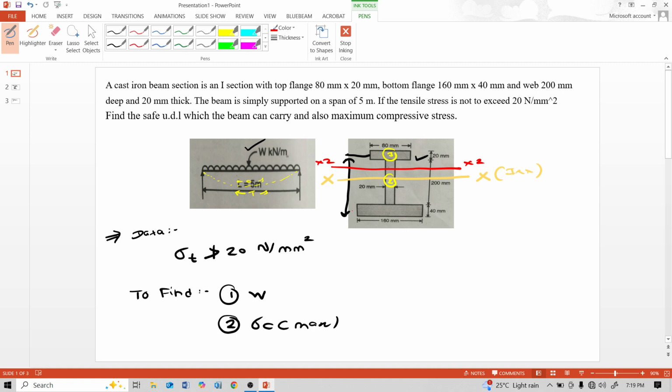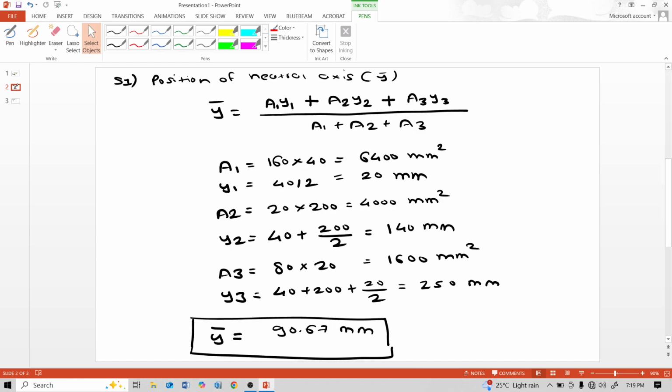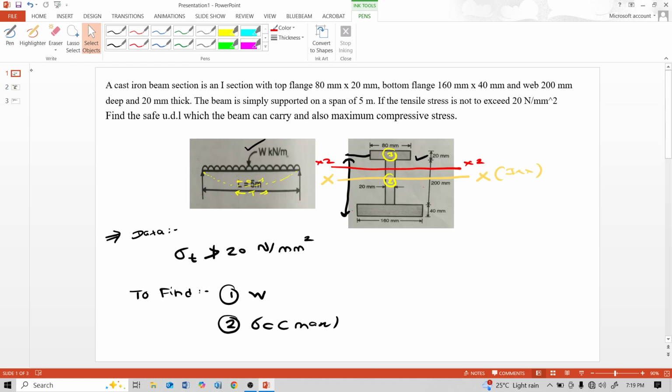For calculation of the web moment of inertia about the x2 axis, parallel to this x2 axis the dimension is 20 mm, 20 as it is, multiplied by 200 cubed divided by 12, plus the area 20 into 200, that means 4000 mm squared, and multiplied by the distance between this x2 axis and x axis.